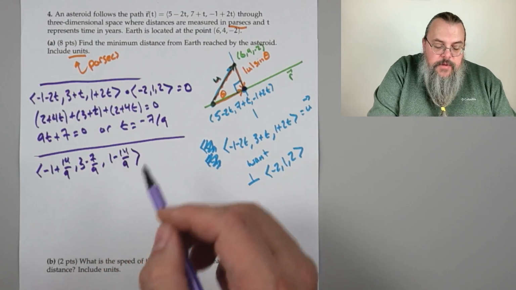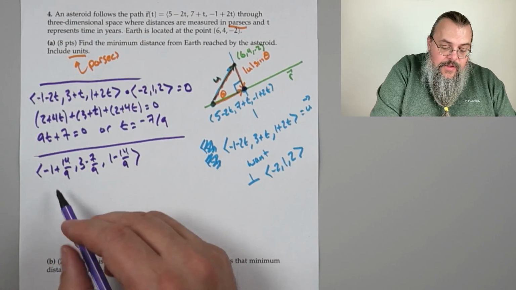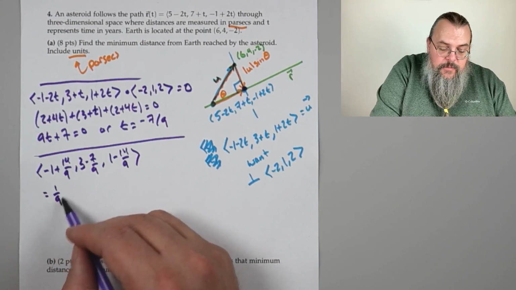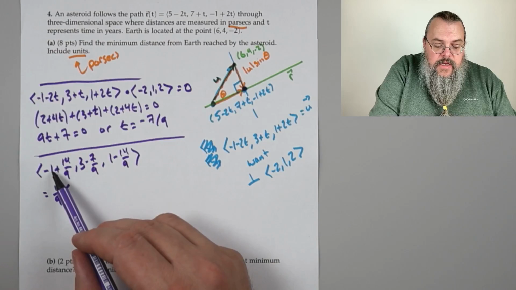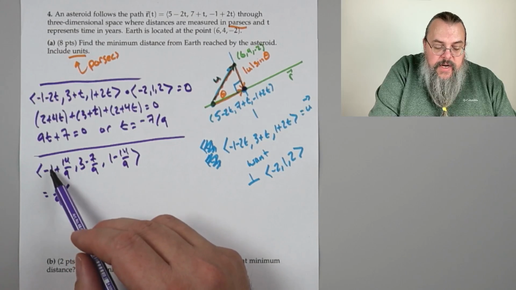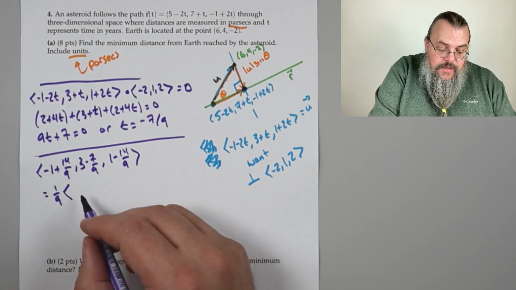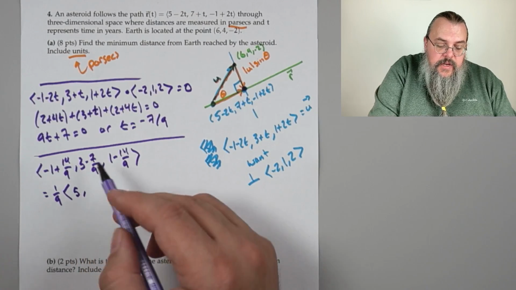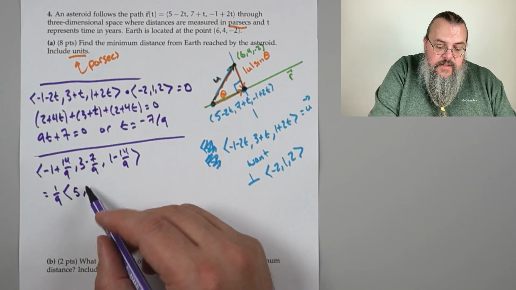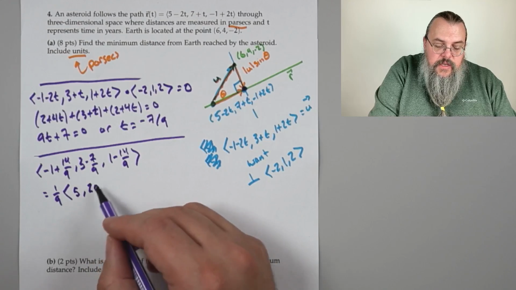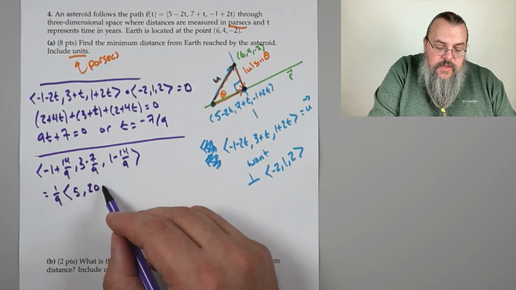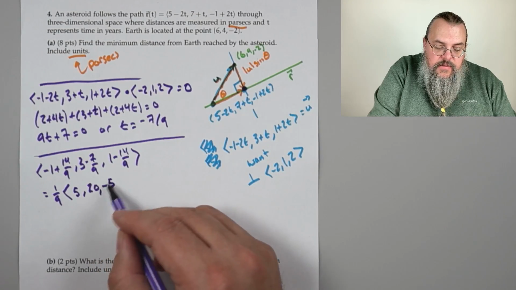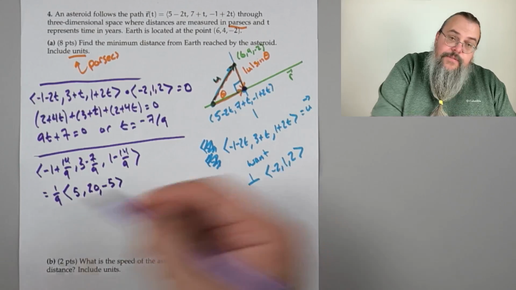These are weird numbers, but that's all right. We can pull out a ninth. So 1/9, pull it all the way out, and then we'll have -9 plus 14, that makes +5. Here we'll have 27 subtract 7, that makes 20. And here we'll have 9 minus 14, which makes -5. So again, we can pull out 5.